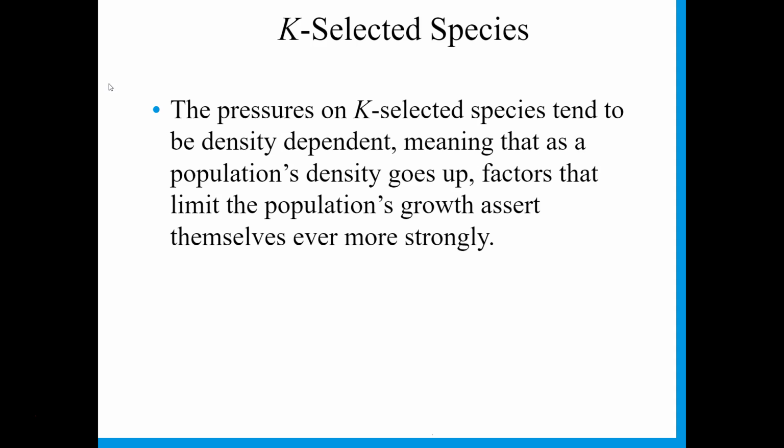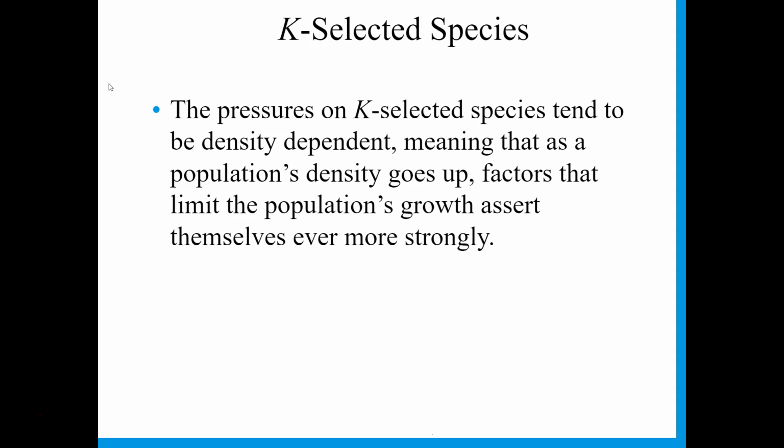What I mean by this is that if you have an organism like elephants, and let's say the carrying capacity of a particular population of elephants is, we'll say, 150, because that's just the area that they live in. Let's say you have a really fruitful generation, and then you were to have 200 elephants. The factors that limit population growth are going to assert themselves more and more strongly the more elephants you have.